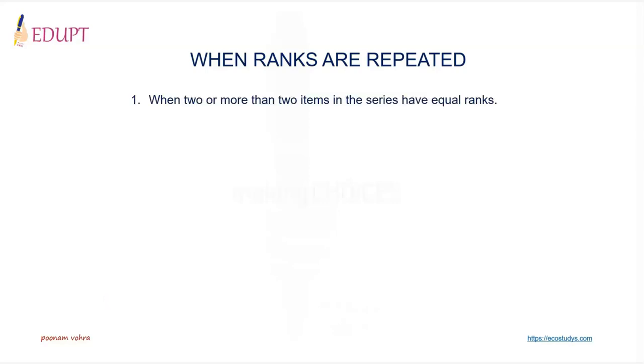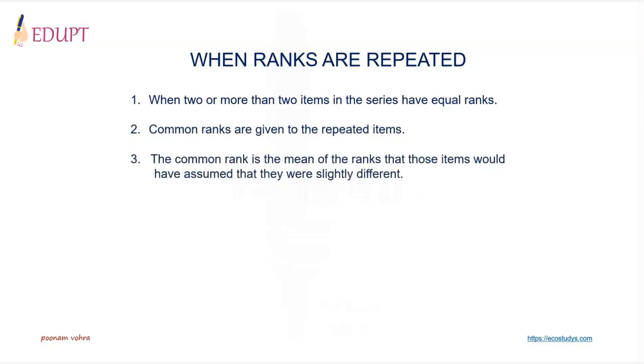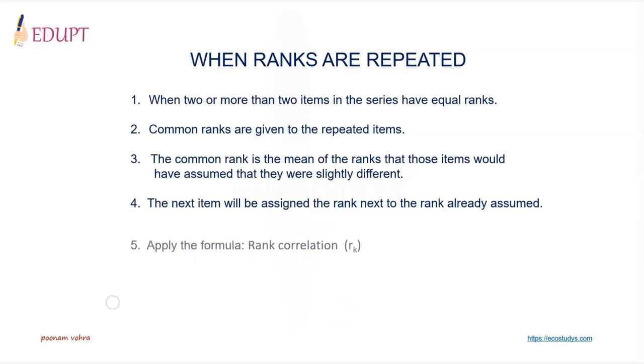When two or more than two items in the series have equal ranks, then common ranks are given to the repeated items. The common rank is the mean of the ranks that those items would have assumed if they were slightly different. The next item will be assigned the rank next to the rank already assumed.